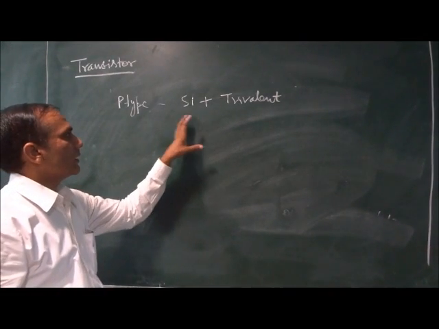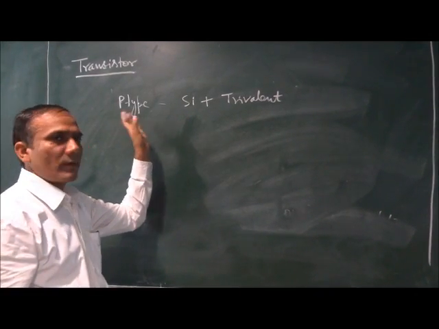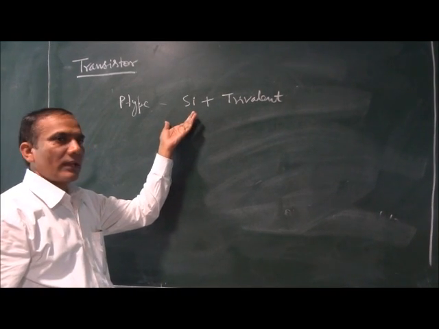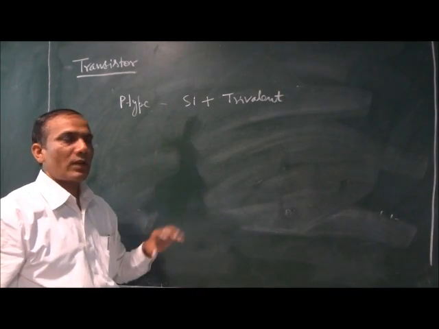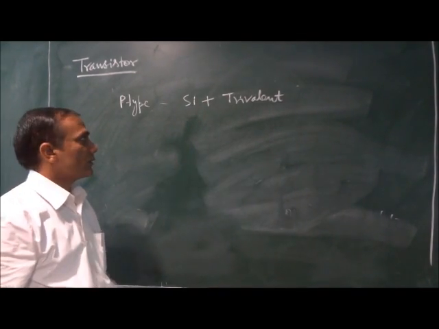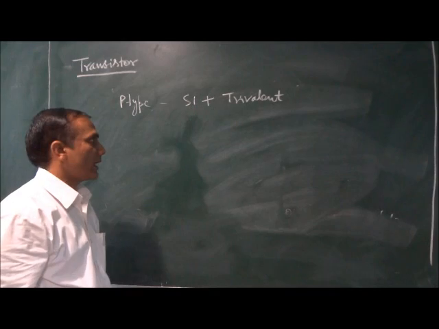So here the P-type material will be formed because the electrons from the outermost, or the valency electrons from the silicon, are getting transferred to this one. So the entire material becomes the P-type.